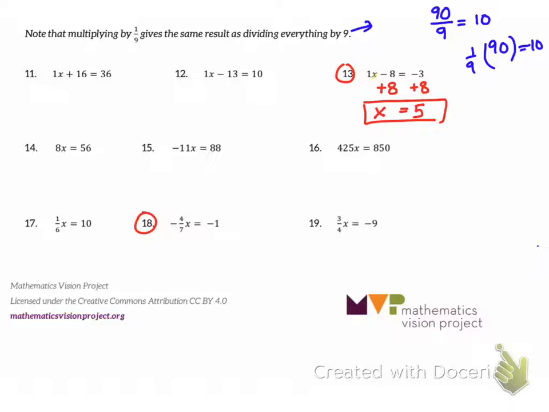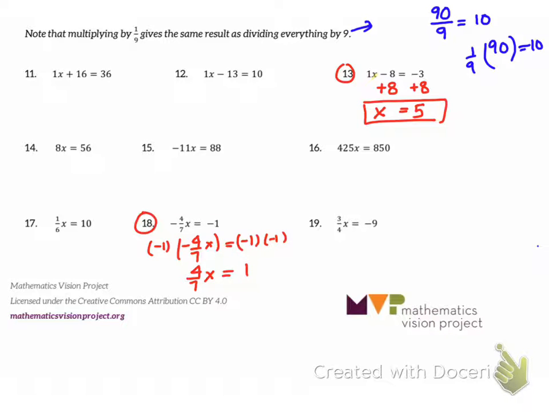The very first thing: if you see negative on both sides, the smarter thing is to multiply both sides by negative 1 so that you get rid of the negative sign. When you multiply by negative 1 on both sides, it turns out positive. So my question is now an easier one.